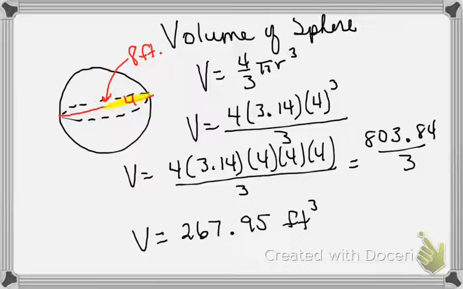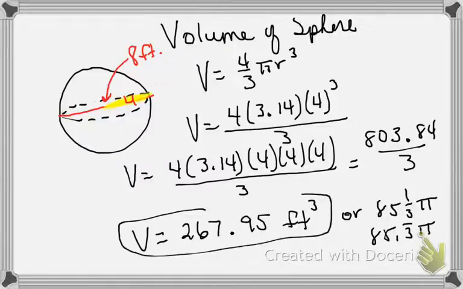My answer in terms of pi, where we didn't use pi as a number, we just left it in, would be 85 1/3 pi. Or we could say 85.3 repeating pi. It's basically the same thing. So both of these are the same answer.